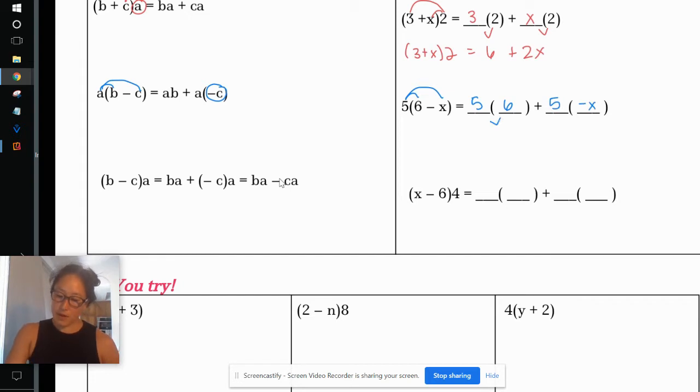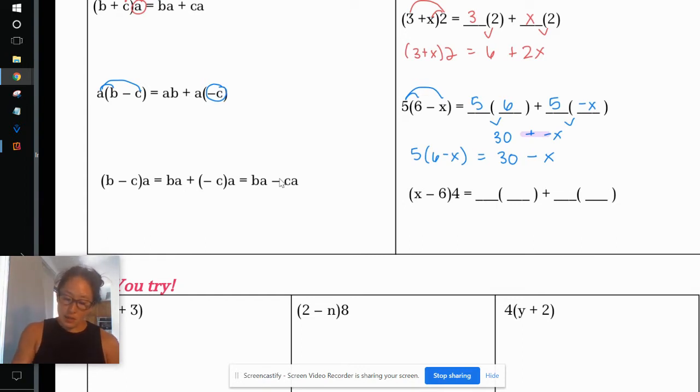Simplify. 5 times 6 is 30, plus 5 times negative x is negative 5x. A negative times a positive is going to give me a negative, so I'm going to write 30 minus 5x. And that is the same as 5 times 6 minus x.